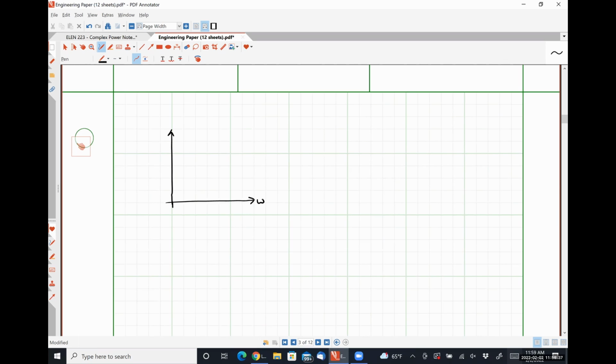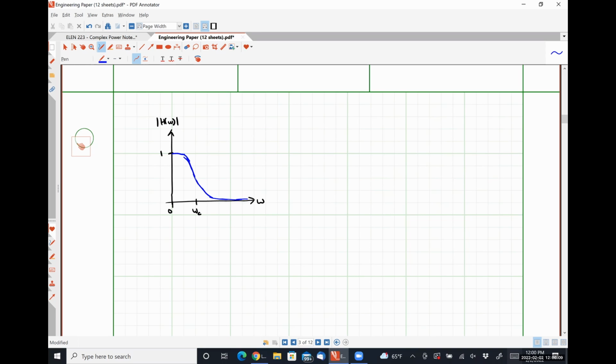Here's omega, here's the magnitude, H of omega. We're going to pass a maximum of all of our signal for low frequencies. Let's see, this is 0. Let's throw this as omega C. Something like this.